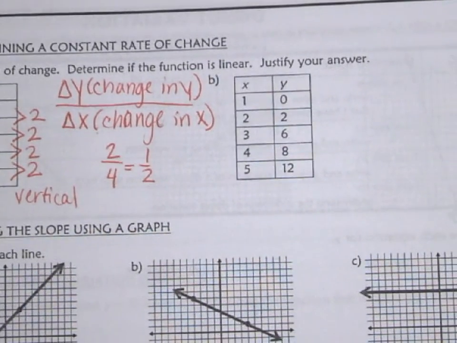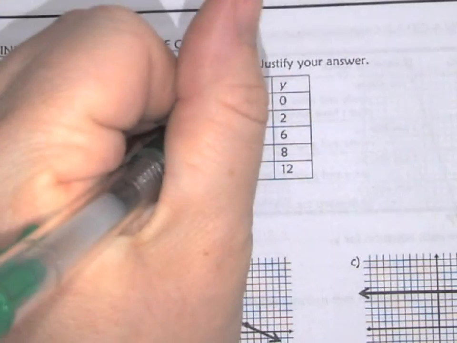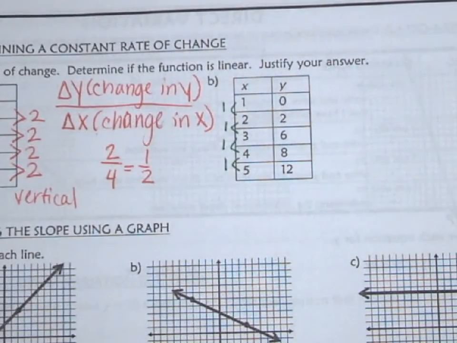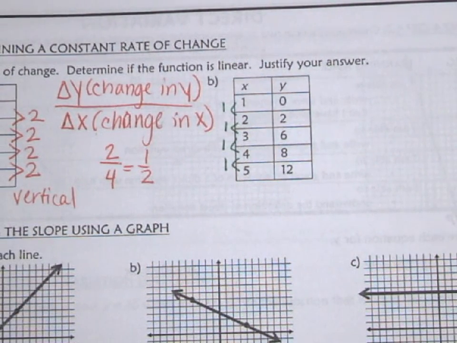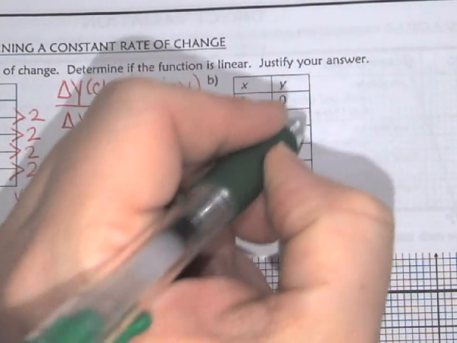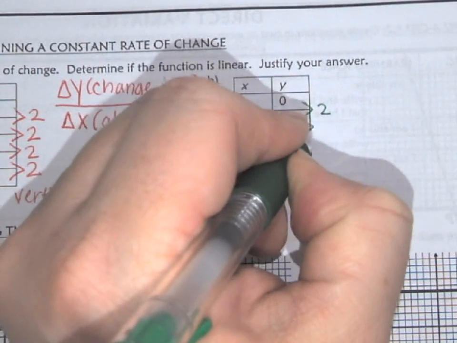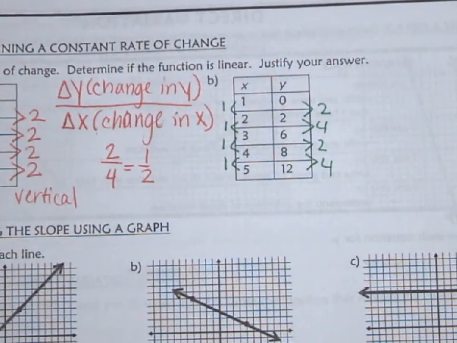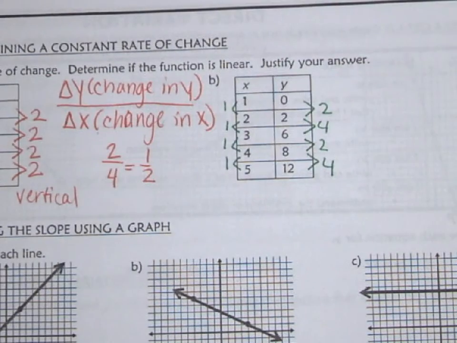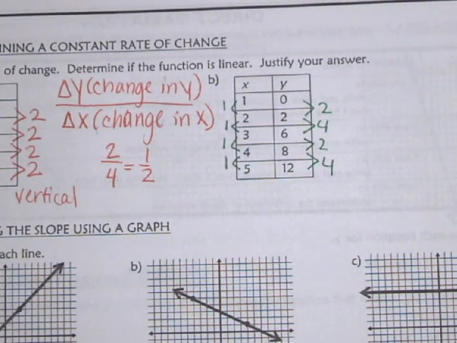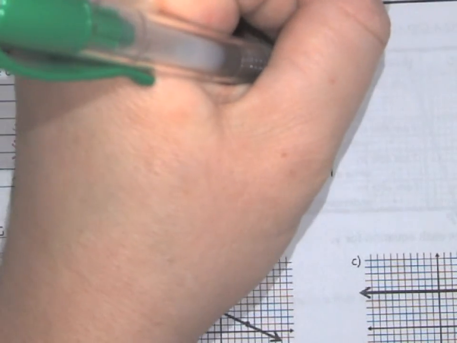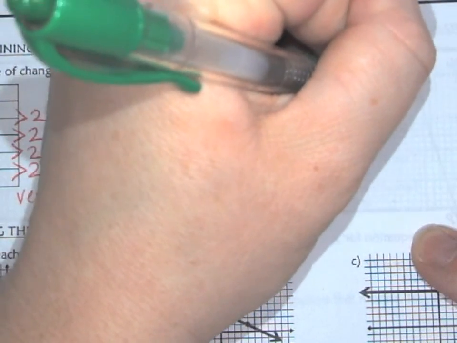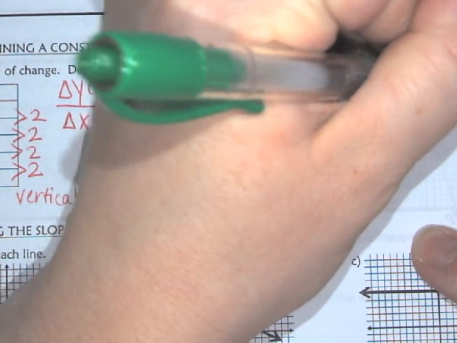All right, this example. So again, I'm going to find the change. So here my x is changing by 1 each time. So that has a constant horizontal change. My vertical change here is 2, 4, 2, 4. So this is not constant, right? My vertical change fluctuates. And if I write them as fractions, I would have 2 over 1 and 4 over 1, 2 over 1 and 4 over 1.